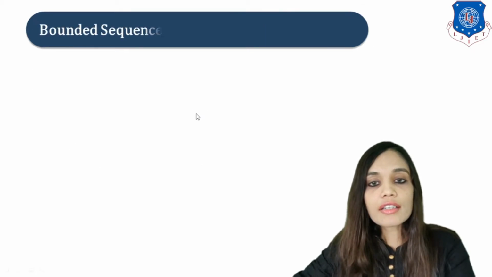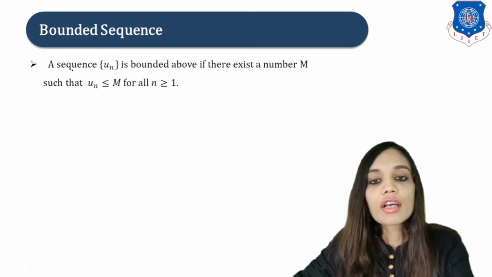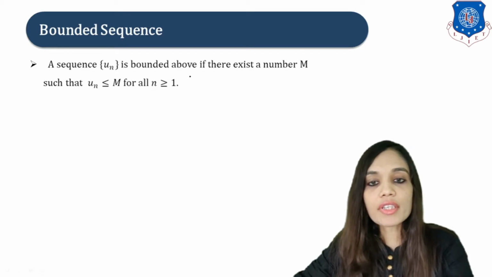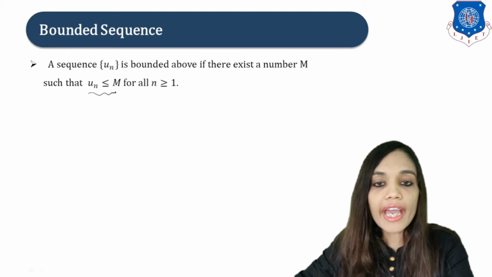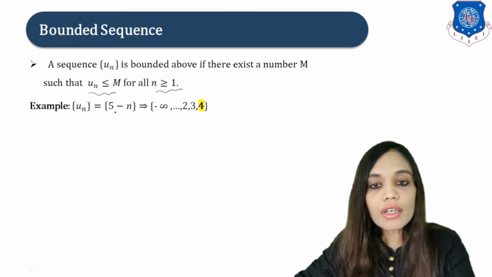Next, let us study bounded sequence. So let us define. A sequence un is bounded above if there exists a number m such that un is less than or equal to m for all n greater than or equal to 1. For example, sequence un that is equal to 5 minus n.